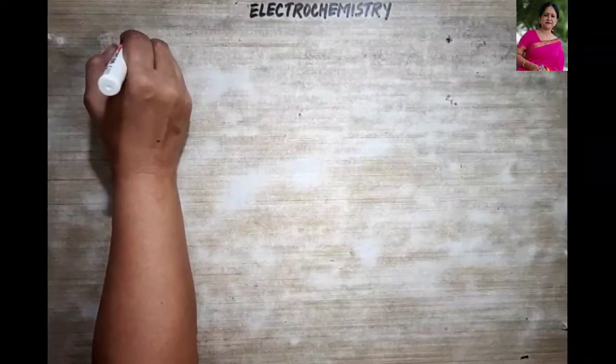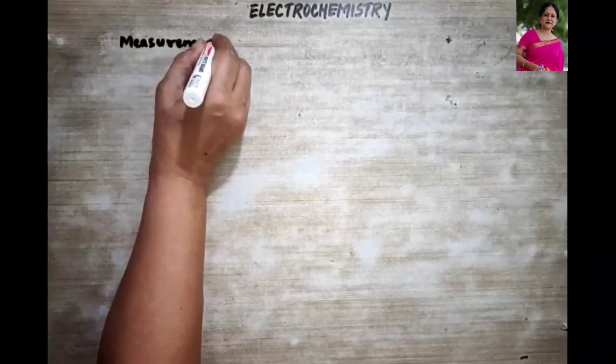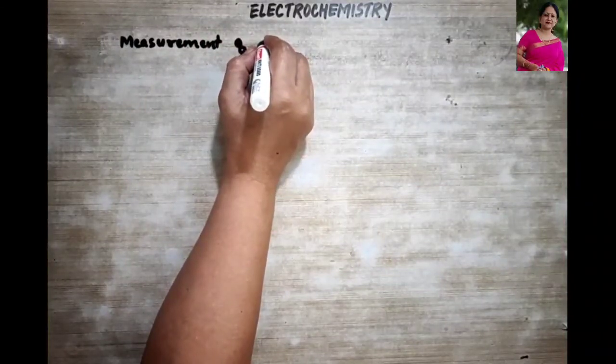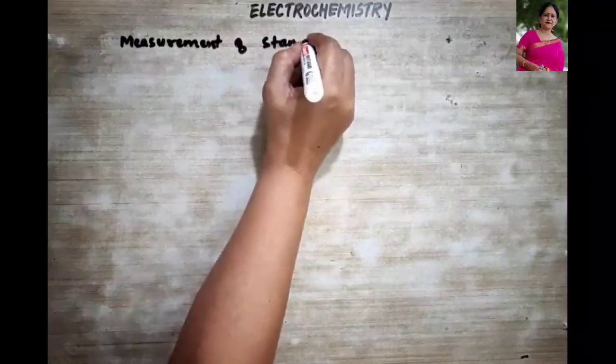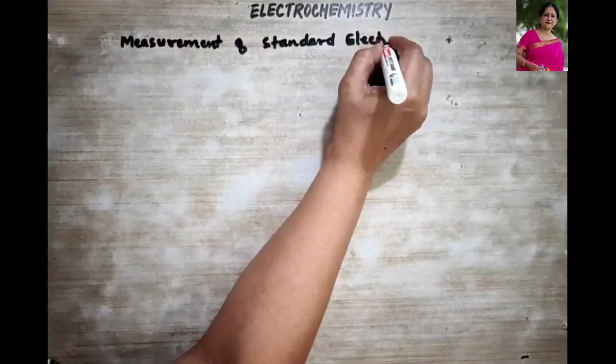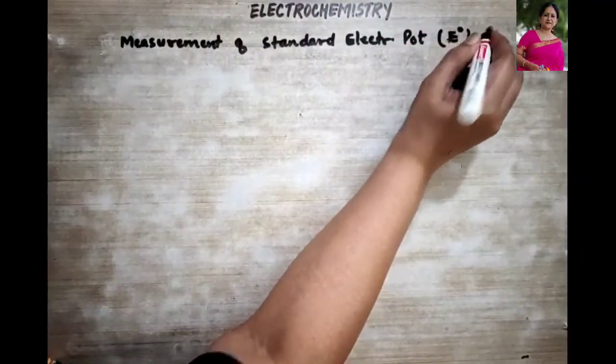Now we come to the measurement of the standard electrode potentials. Let us understand the measurement of the standard electrode potential, that is E naught.